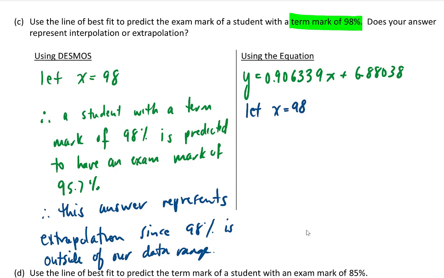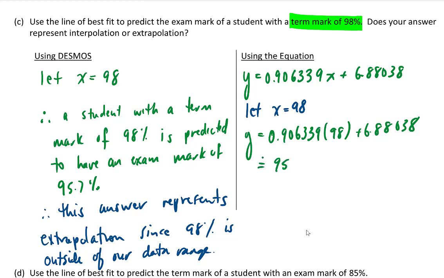So in our equation, we're going to get y equal to 0.906339 times 98 plus 6.88038. Next, we use our calculator, and we get approximately 95.7%. So we'd have the same conclusion as we had on the left, as well as this is still extrapolation because our 98% is outside of our data range.